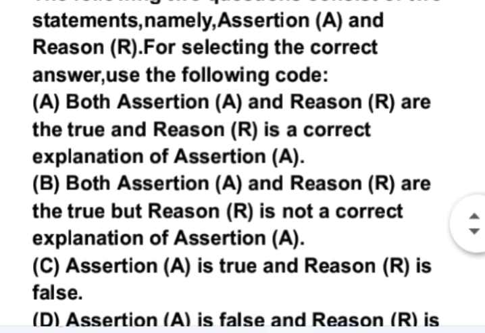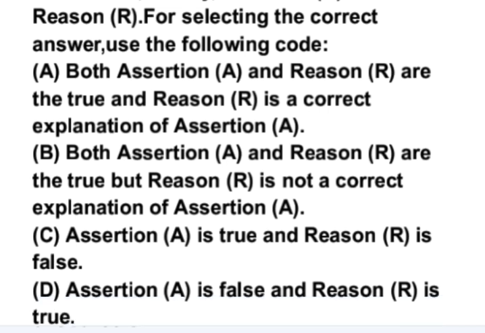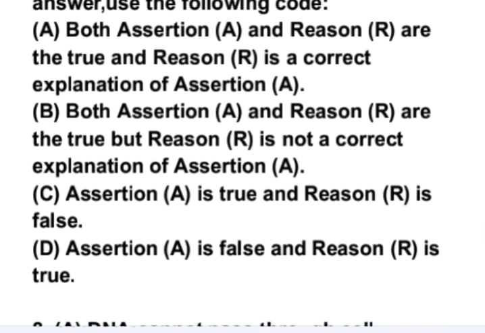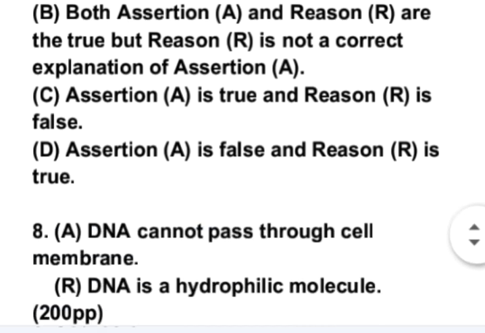We will mark it B if both assertion and reason are true but reason is not a correct explanation of A. Our correct option will be C if assertion A is true and reason R is false, and our option will be D if assertion is false and reason is true.